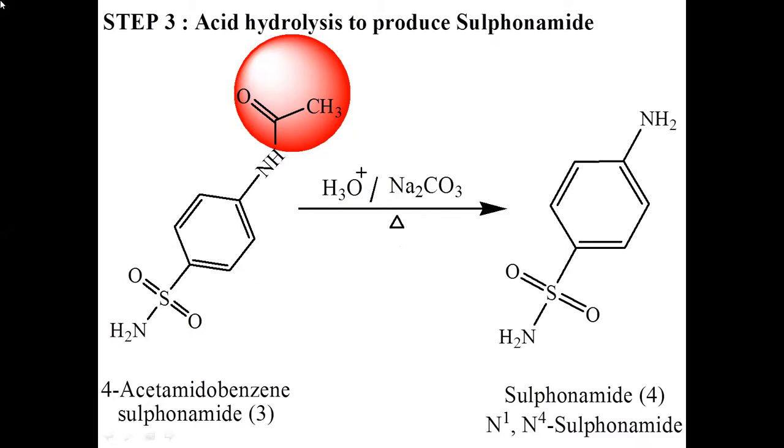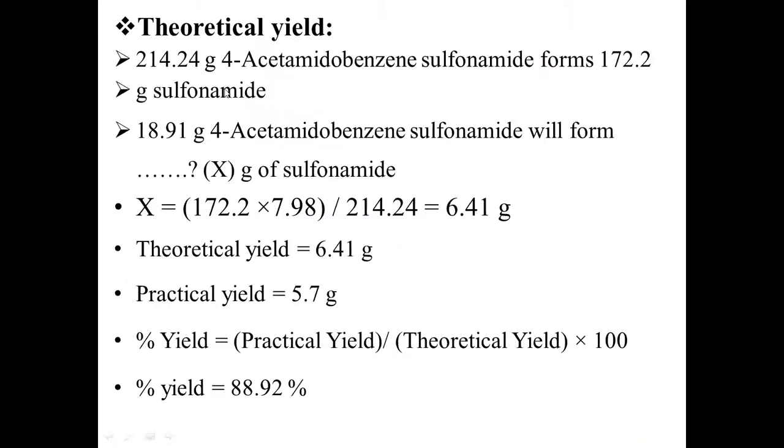Now this is the calculation for the product. 214.24 gram of 4-acetamido-benzene sulfonamide forms 172 gram of sulfonamide. Then we started with the initial amount of 7.98 gram; it was shown by mistake as 18.91 gram.